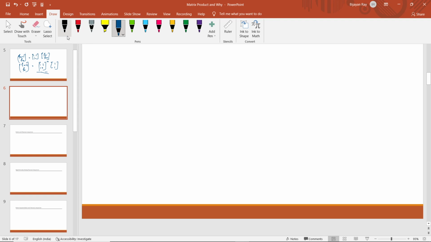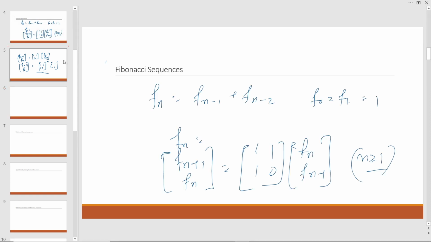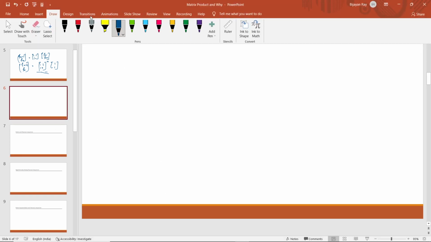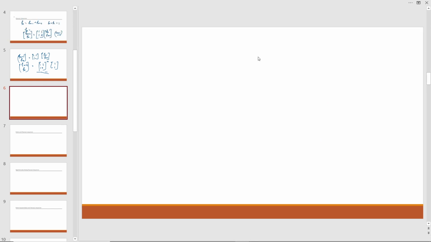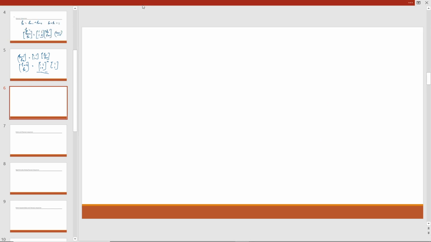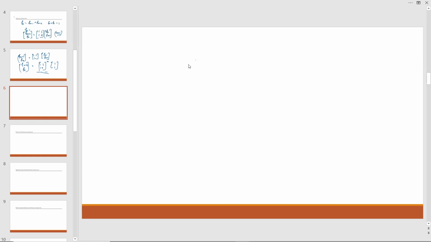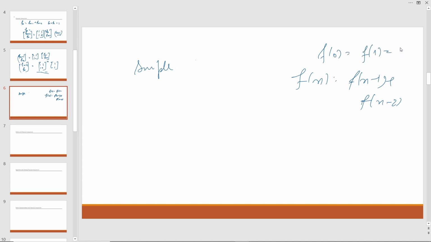Let me show you two approaches. One is the generic approach, the simple approach, that is writing a function and calling it, implementing just f_{n-1} plus f_{n-2} and defining the base cases f0 equal to f1 equal to 1.